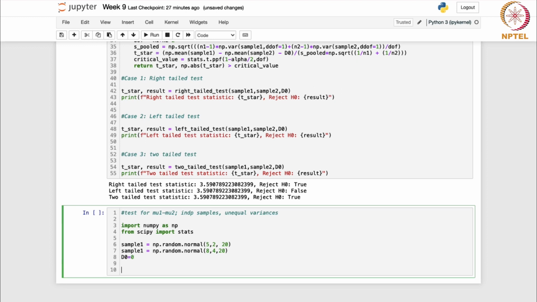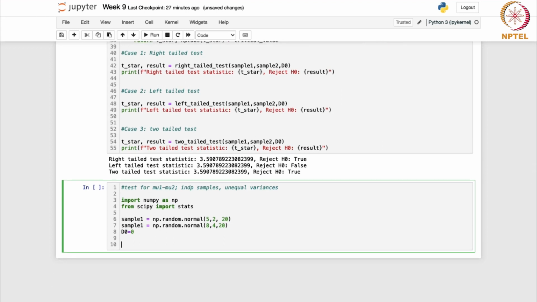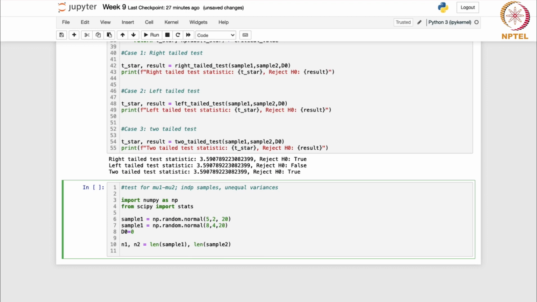So now we will first calculate the degrees of freedom, because if you can recollect, degrees of freedom was a typical thing. There is a long formula for that. So let me first calculate n1, n2, the sample size of sample 1 and the length of sample 2.